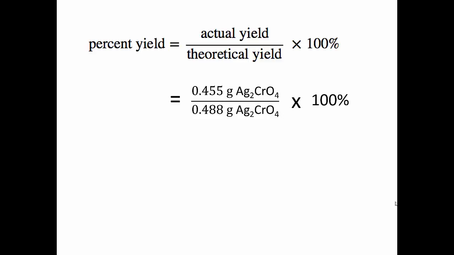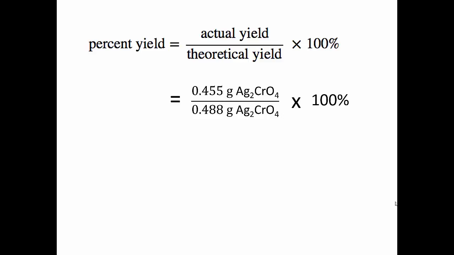But before proceeding, let me just tell you why there is a difference in theoretical and actual yield. The difference between theoretical yield and the actual yield for any reaction may have one or more of a number of causes. Some of the reactants may remain unreacted when the reaction is complete.